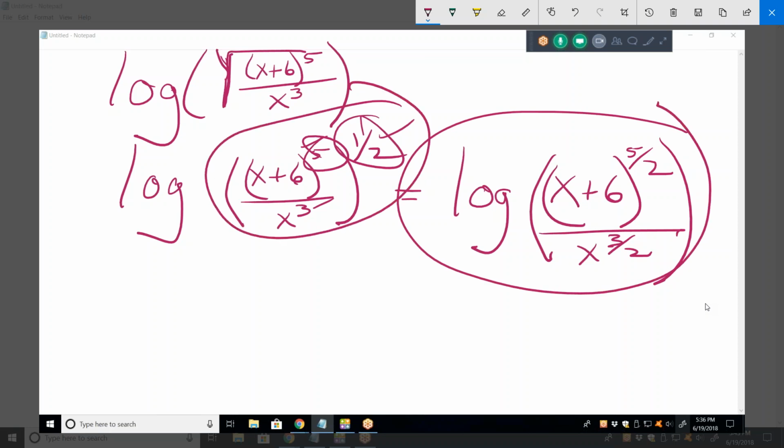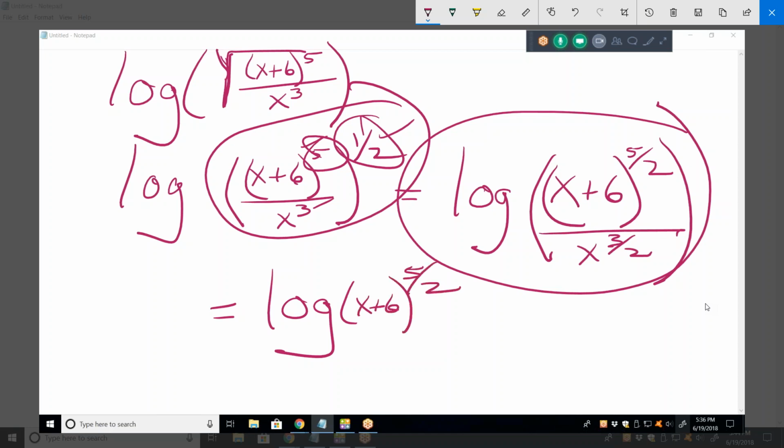So I know that there's subtraction because I see the division. And notice that these exponents are different. So what's the next thing we should do? It's not all that obvious. Remember, we're breaking it down. So log of x plus 6 to the 5 over 2. Good.